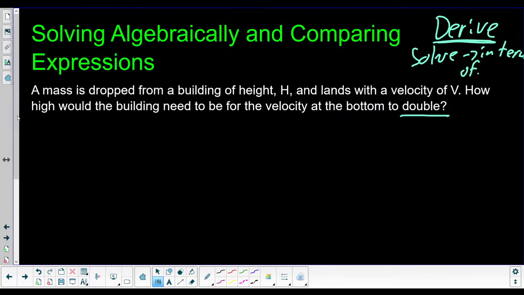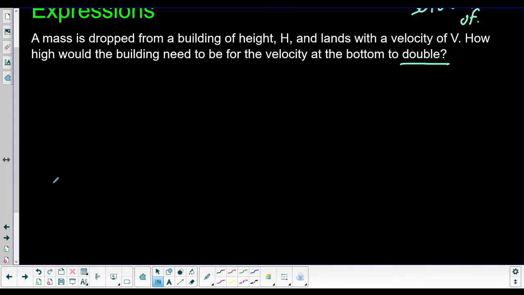Okay, so let's maybe draw a picture first. So we have a building here, maybe some windows on it, maybe a little door on the front. There we go. And we're standing here.